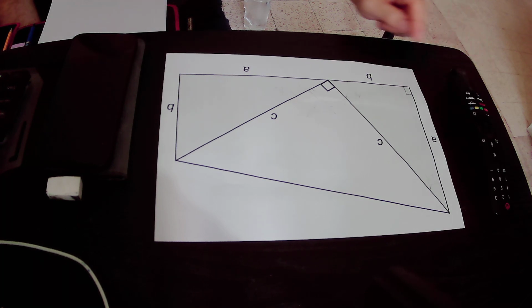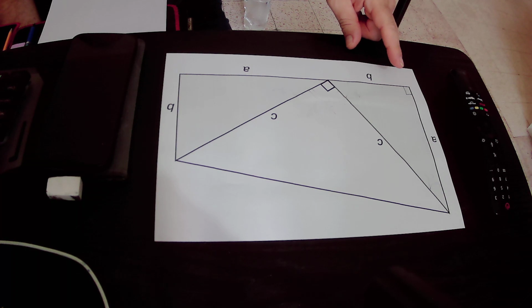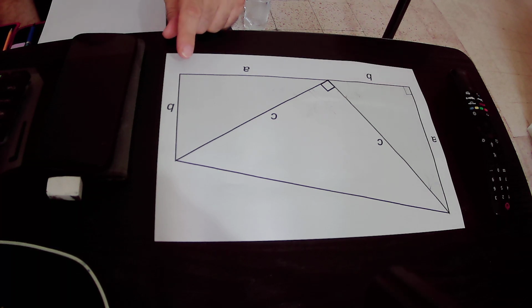And also the angle between side A and side B in the right triangle is equal to the angle between side A and side B in the left triangle.